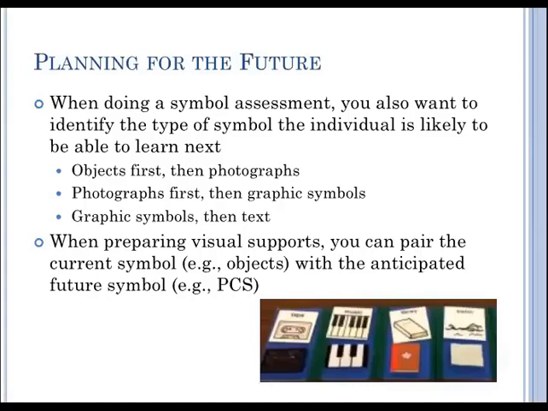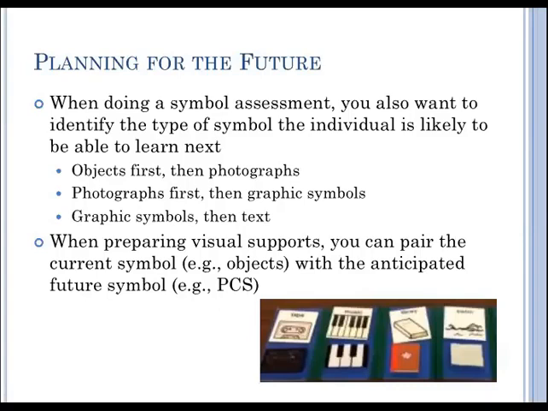So we'd like the student to understand graphic symbols, because that then helps him access other learning opportunities. Some individuals might be using graphic symbols today, but probably they'll be able to learn to read and write, and they'll use text in the future. So you're always thinking about what are we using today, and then where might we be going, right?